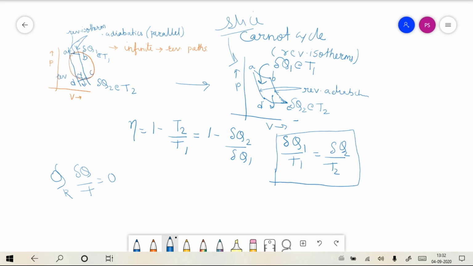Now, if you consider another slice next to it, any other slice, then you can have another Carnot cycle wherein the heat transfer would be del Q3 at T3 and heat rejection could be del Q4 at T4, whatever nomenclature you choose. And you can similarly show that for that slice, del Q3 by T3 would be equal to del Q4 by T4.